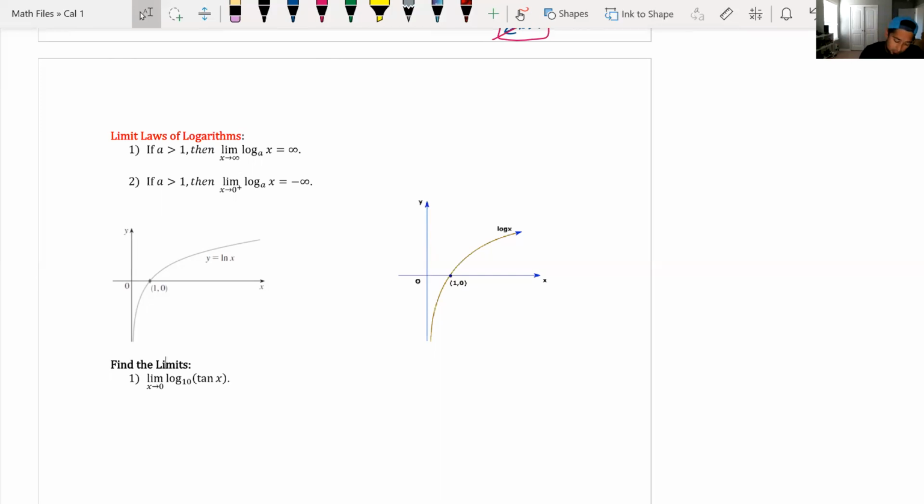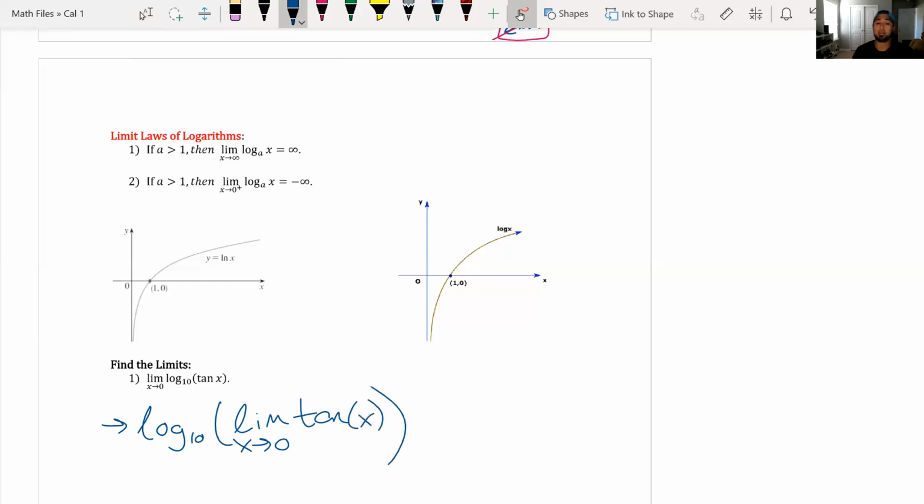Okay, so let's try it out. This will become the log base 10 of the limit as x approaches 0 of tangent x.